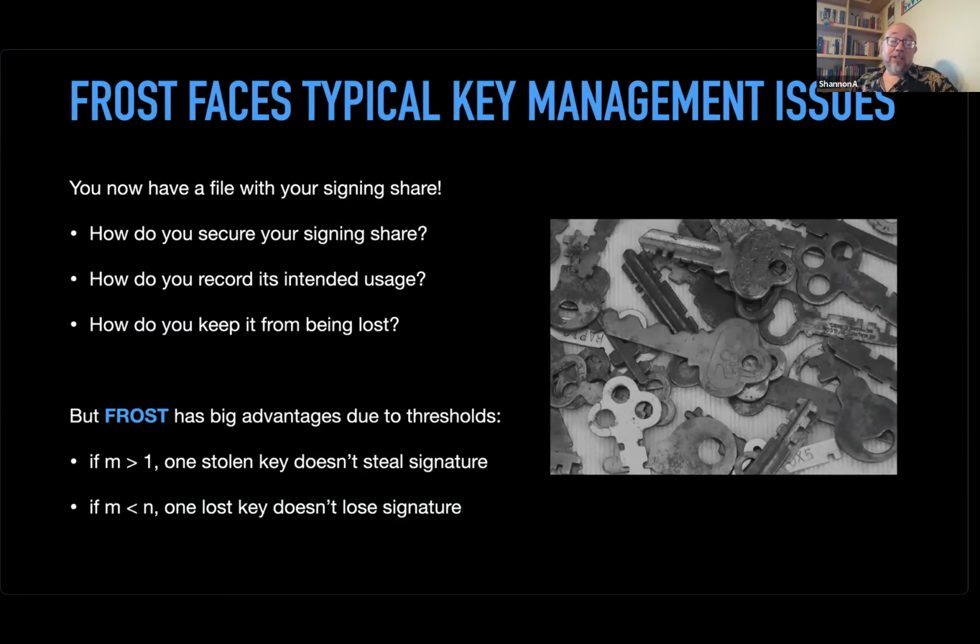It's going to be more resilient, meaning you're not going to necessarily suffer loss if you just lose one share, and it's going to be more secure, meaning you're not necessarily going to allow someone to steal it if they just get one share. So, yes, we have the typical key management issues, but by using a threshold signature, we hopefully are offsetting some of them.